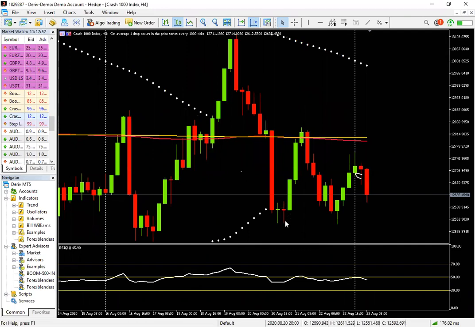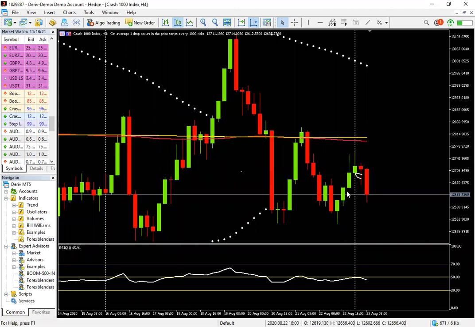This is 4 hours. So the next hour, you could have narrowed to 15 minutes to look for a buy opportunity. This is a double doji that I was talking about earlier on my channel. So this double doji was a nice opportunity for a buy.